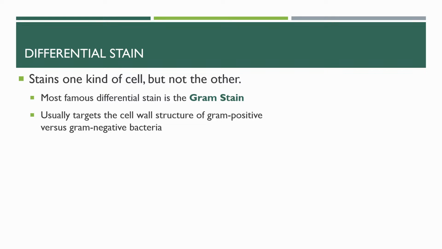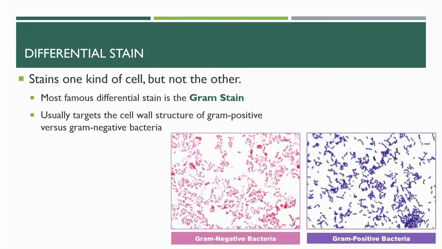It targets that cell wall structure, and there are two types of bacteria, gram-negative bacteria and gram-positive bacteria, and they differ in their cell wall structure, and so we take advantage of the Gram stain to differentiate between gram-positive and gram-negative cells. That's why it's called a differential stain. So gram-negative bacteria usually will be pink, and gram-positive bacteria will be purple, and we'll talk about how they come to be those colors.